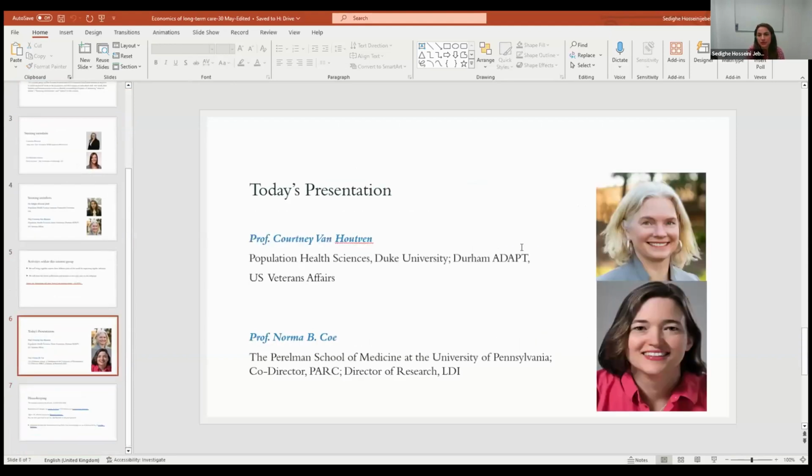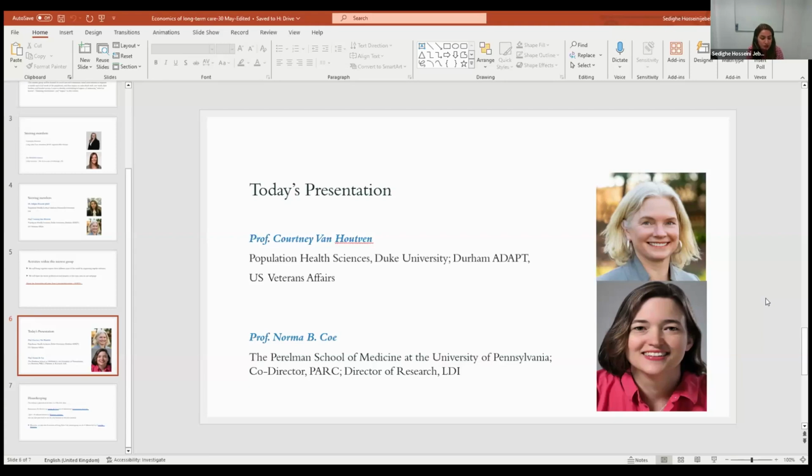So for today's presentation, as I said, Professor Van Houtven is going to present on the economic cost of informal care and policy solutions to optimize long-term care at home. As well as Professor Norma Coe from the University of Pennsylvania, who I'm proud to introduce. Professor Coe is Associate Professor of Medical Ethics and Health Policy at Perelman School of Medicine, University of Pennsylvania.